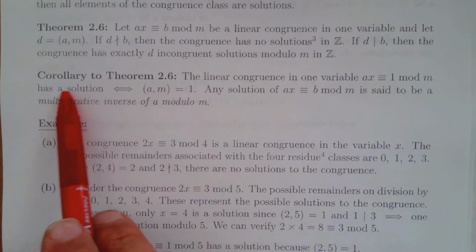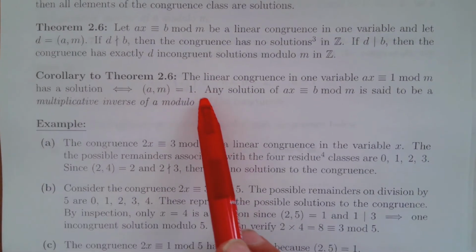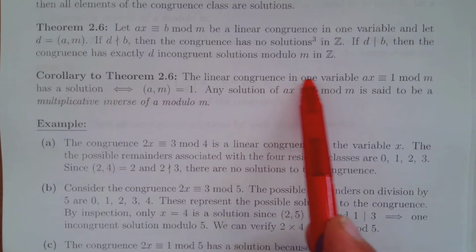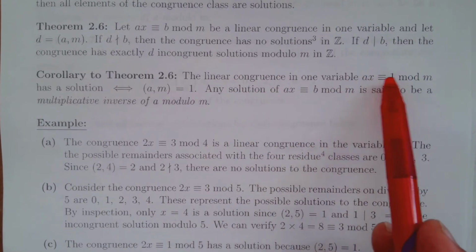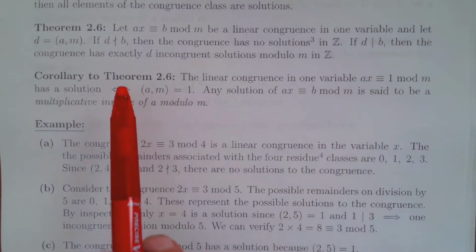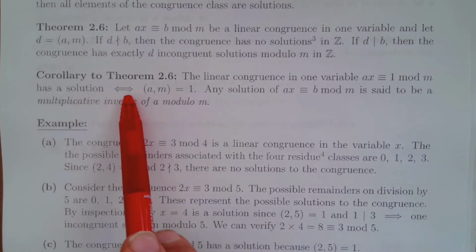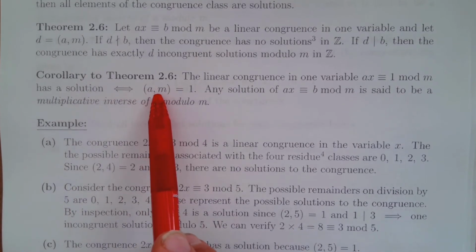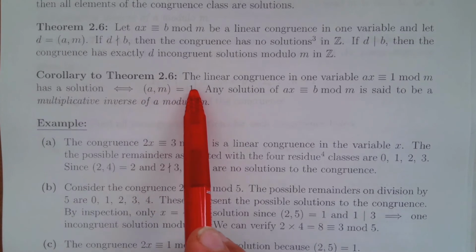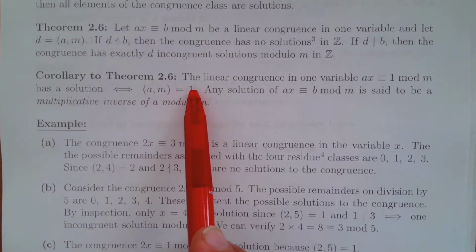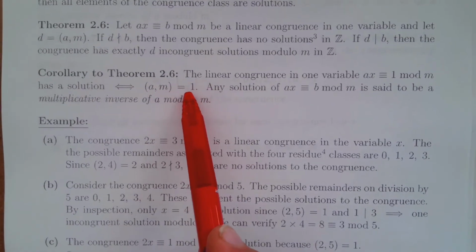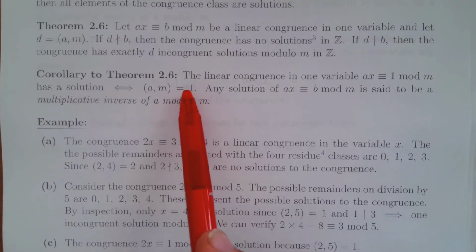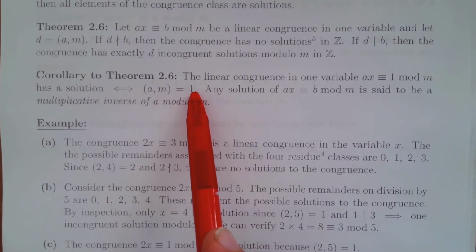Now, we have a corollary to this theorem that says that the linear congruence in one variable, ax is congruent to 1 mod m, has a solution if and only if the greatest common divisor of a and m is equal to 1. And that's because the only positive integer that divides 1 is 1.